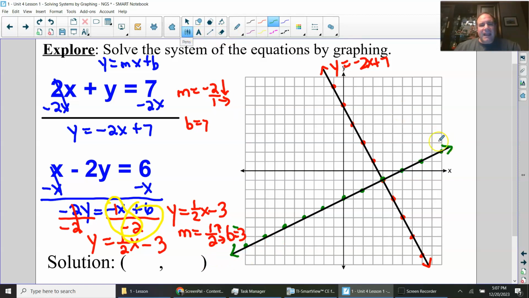If you have a slope of a half like this one, that is not so steep. And remember, this is a positive half, so it should be going up from left to right, and it is. So the solution is 4, -1. And you could substitute to check it, and that's about it.